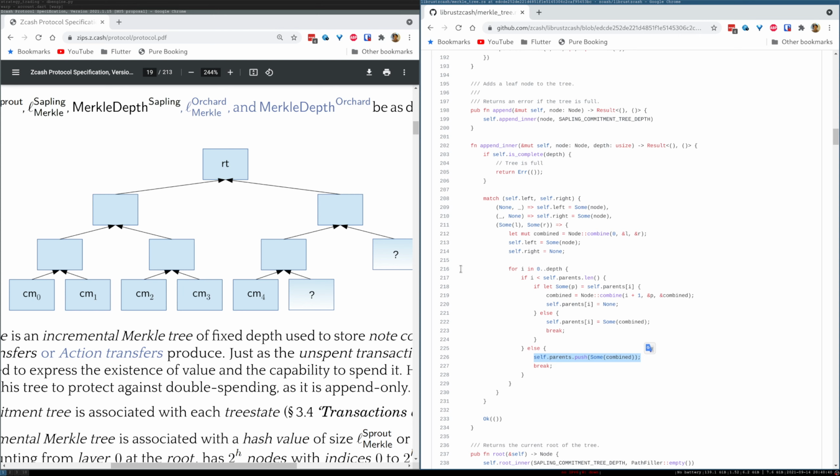So this is a fairly short piece of code. This is not very long, but this is going to be kind of our bread and butter. This is a kind of algorithm that we're going to see over and over, either in the reference implementation for LibGraph Zcash or WarpSync. It's going to be a bunch of this type of tree traversal and manipulation and node manipulation.